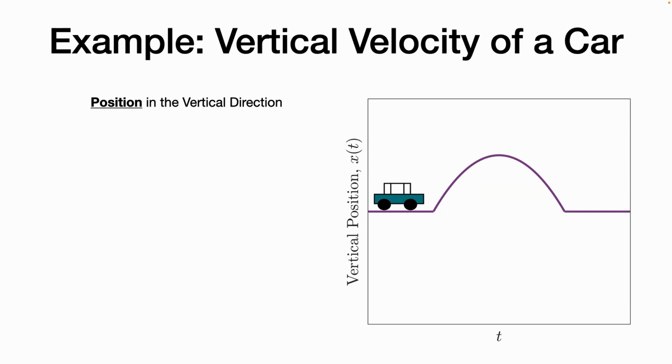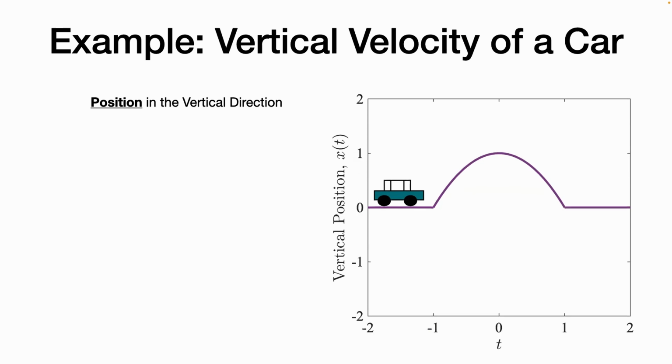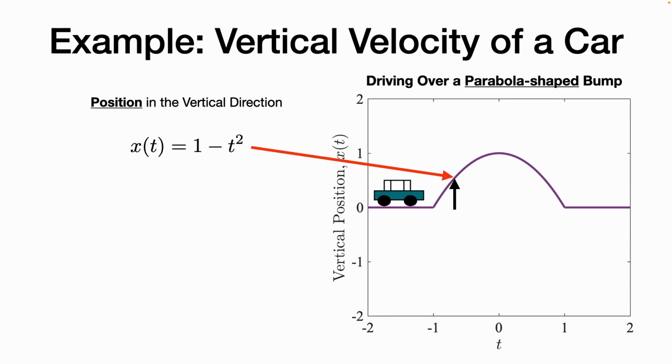I can put some axes on this, okay? And maybe we prescribe the function itself. It's an upside down parabola, 1 minus t squared. And so the vertical position is x of t at any time t.